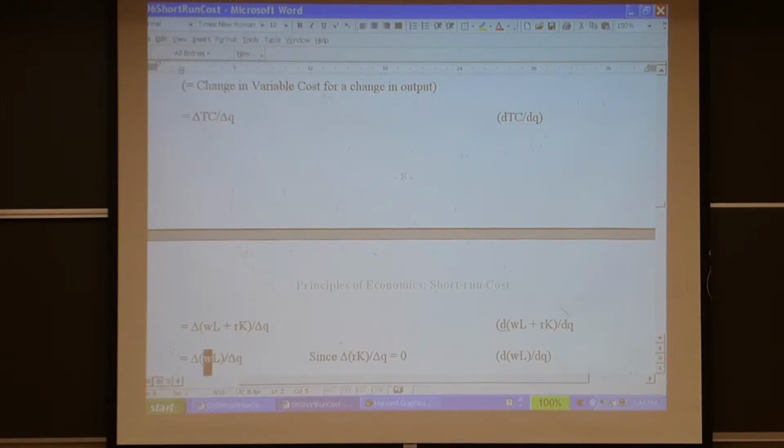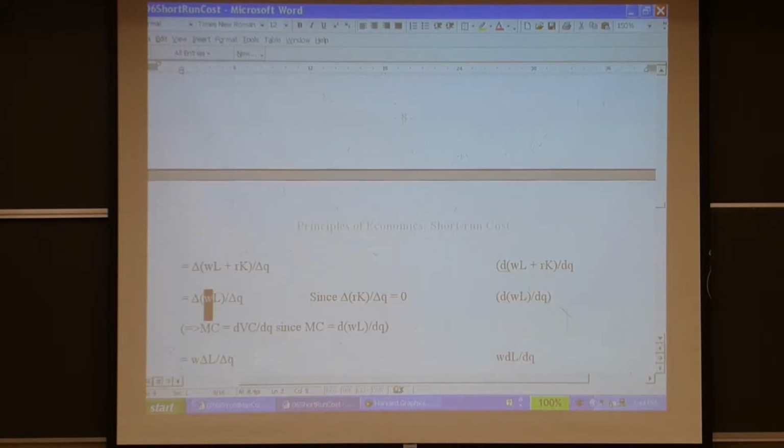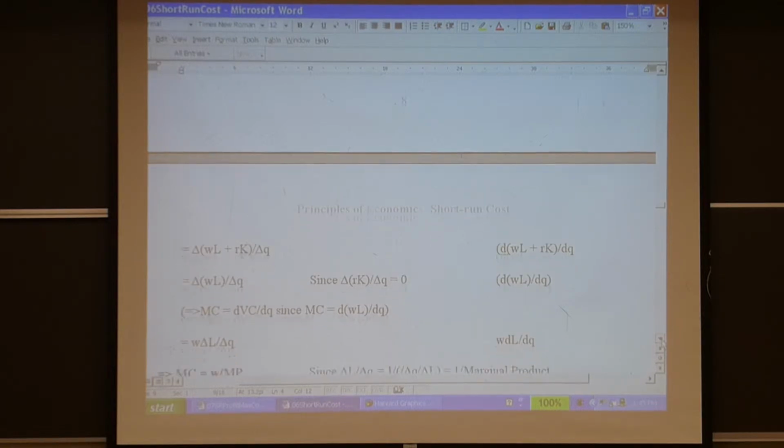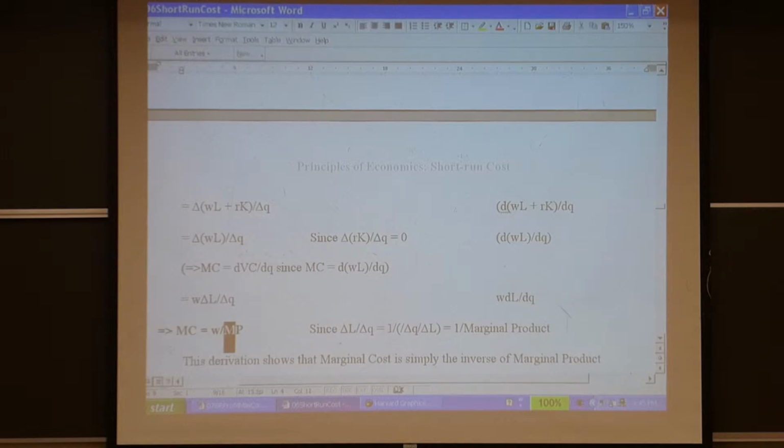Again, W doesn't change. So over here I'm just doing the calculus notation. This is W times the change in L divided by the change in Q. Right? Well, change in L over change in Q is 1 over change in Q divided by change in L. So marginal cost is W divided by 1 over this. All right, this should be reversed, right?